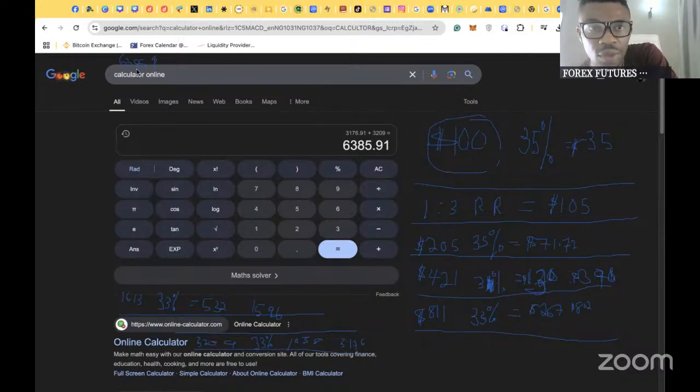Where are we? This is the capital, and we are risking 33% times 6,385, which is 2,107 risk.